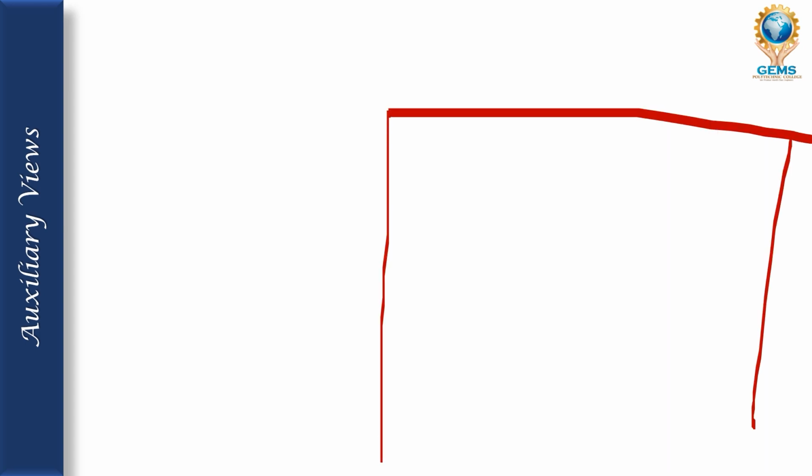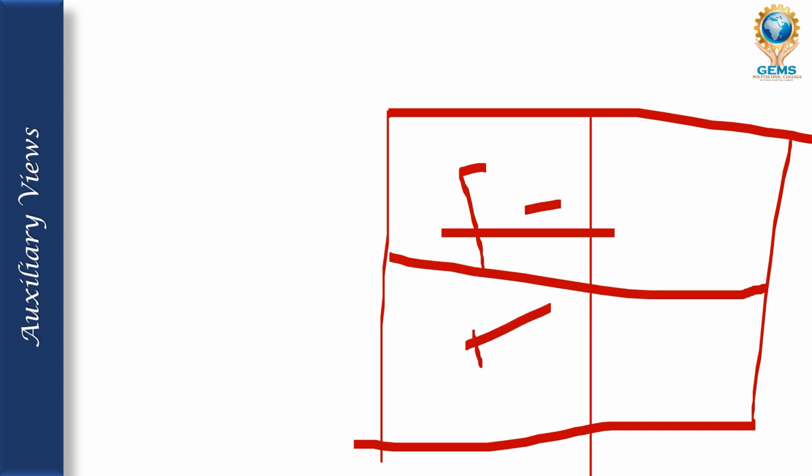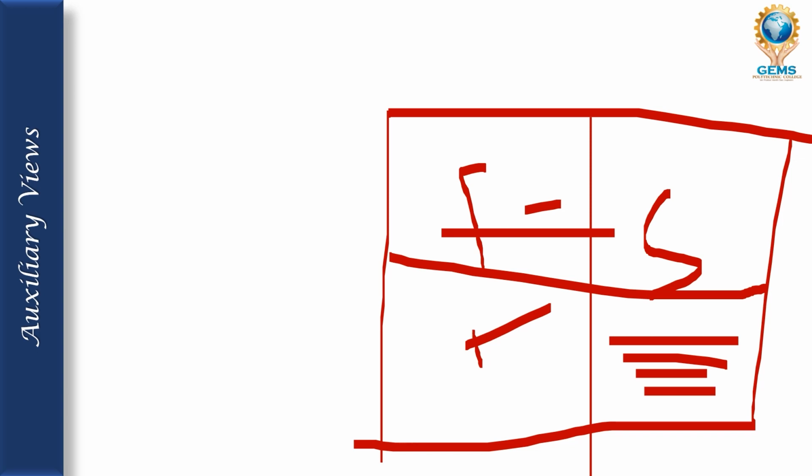If this is the drawing sheet, divide it into 4: front view, top view, side view, and this one where you write the content, your name, department, year, registration number, like that.